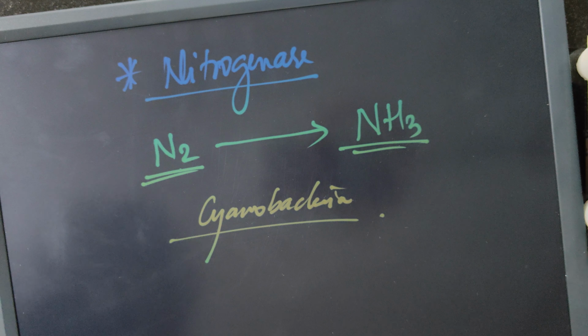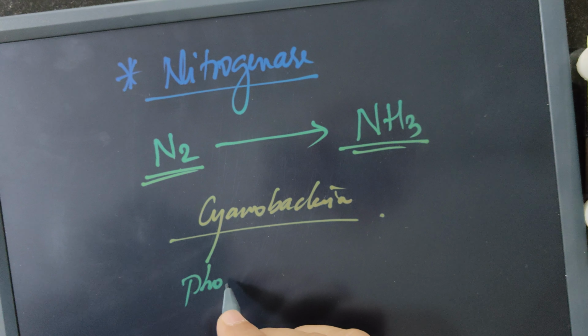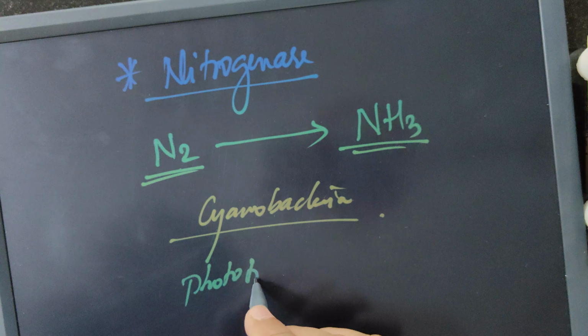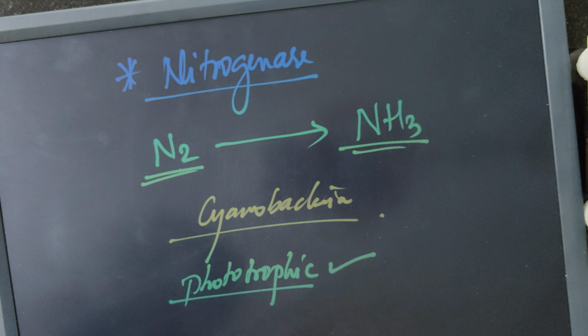But as we know, it is a phototrophic bacteria, so they need to carry out photosynthesis as well. So how are these cyanobacteria capable of converting the nitrogen into ammonia and fixing the nitrogen? Let us see.